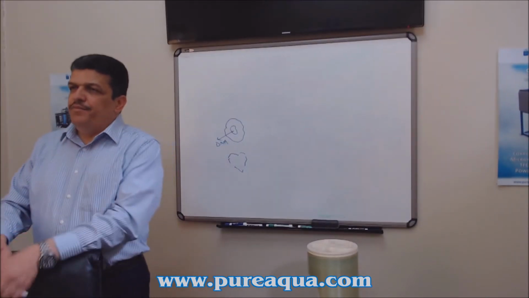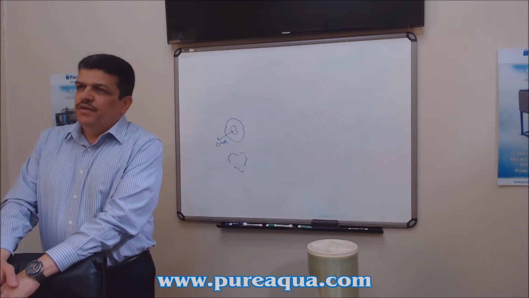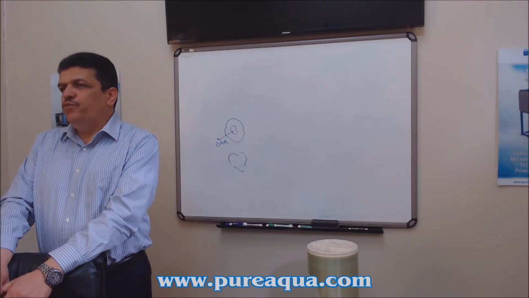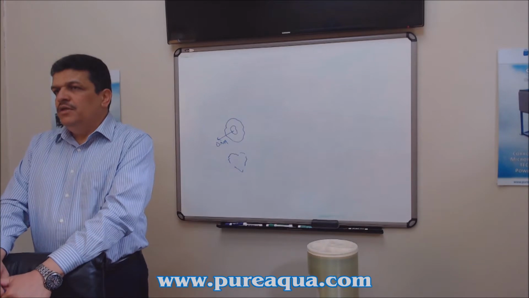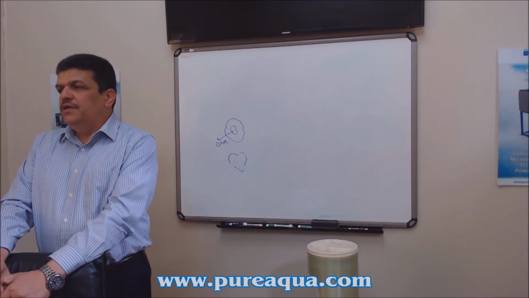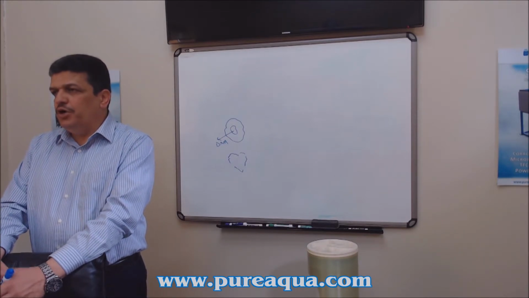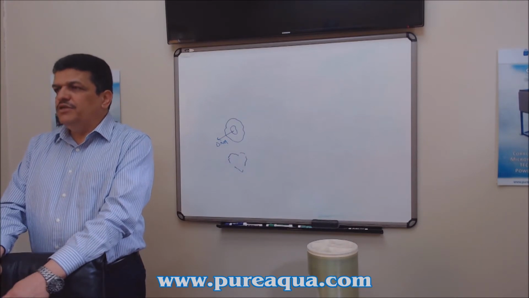The UV lamp itself, the bulb itself, most UV manufacturers estimate a lifetime of 1 year, which is about 9,000 hours. In the UV controller, there is an indicator that either counts how many hours the UV has worked and gives you a warning when it approaches 1 year, or it measures the intensity of the UV.